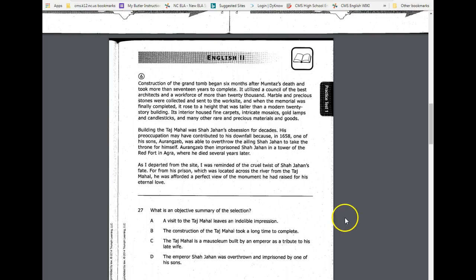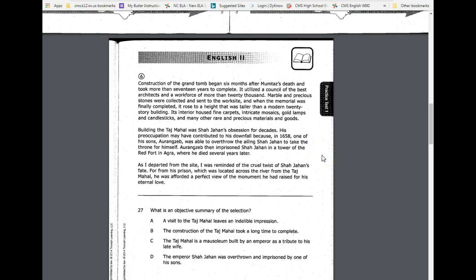All right, so hopefully you just hit pause and you read the rest of this passage that talks about construction of the Taj Mahal, and then it gets into the fact that the Taj Mahal took up so much time for the Shah that he was actually overthrown by his own son.